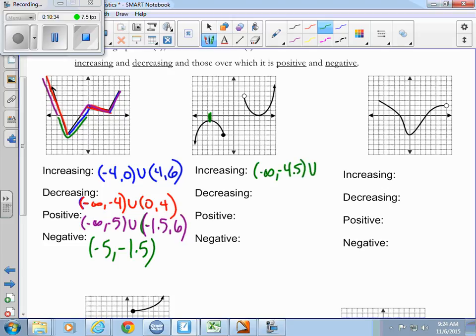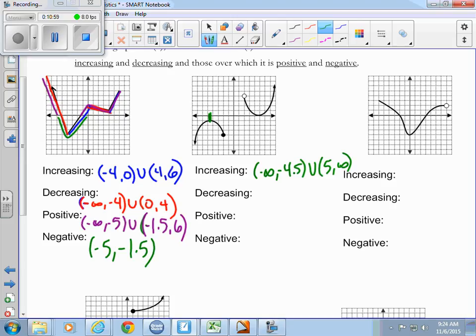And then from 5 to infinity. Again, I'm not going to take you apart on that 4.5. If you put -5, okay, sounds good. Close enough, right? Now, if we have a calculator and a function, we'll expect a little bit more accuracy. But on a graph, we just have to take what we can see.